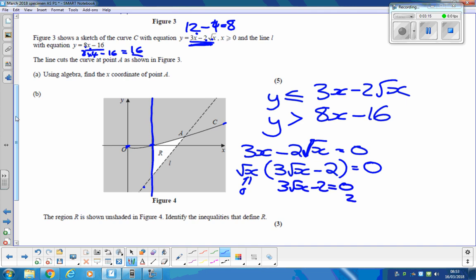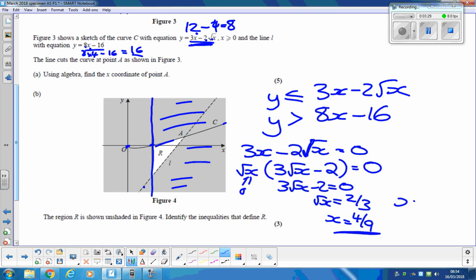So add the 2, divide by 3, so x is 4/9. So the bit that we want is everything to the positive of that. So it's x is greater than 4/9. And it's solid, so greater than or equal to.